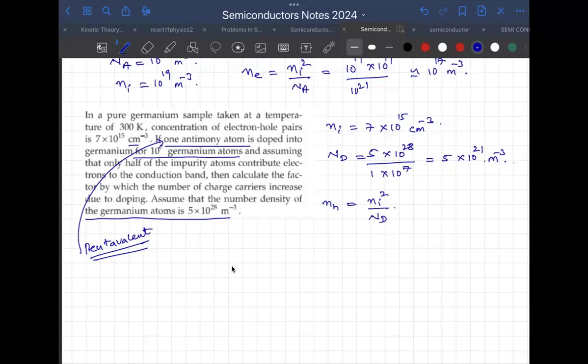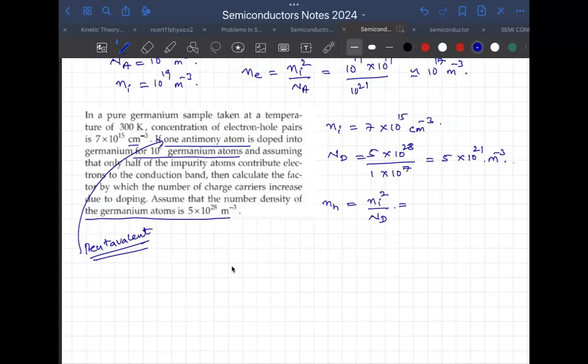So what about the number of holes? Number of holes. Calculate the factor by which, okay, germanium atom, half of the impurity atoms contribute electrons to the conduction band.